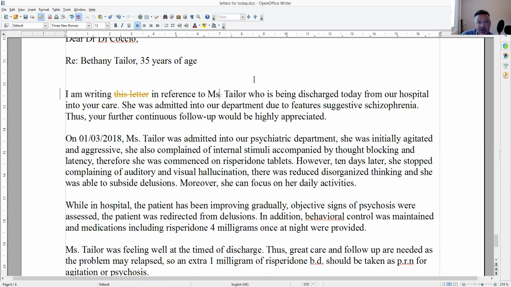I'm writing in reference to Miss Taylor as being discharged today from our hospital into your care. Thus your further continuous follow-up will be highly appreciated. Well, thus, nobody uses thus. So why do we have 3 sentences in this introduction?